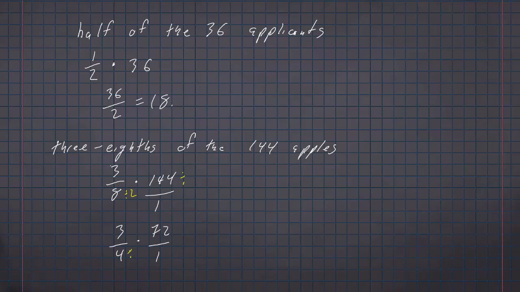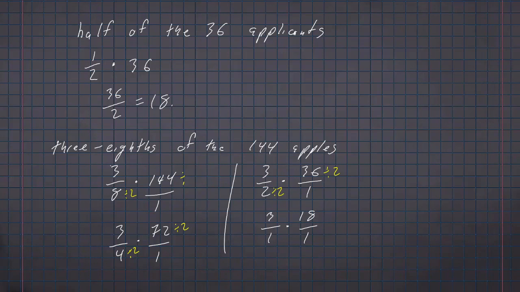And then let's divide by 2 again to get 3 over 2 times 36 over 1. And let's divide by 2 one last time to get 3 over 1 times 18 over 1. 3 times 18.